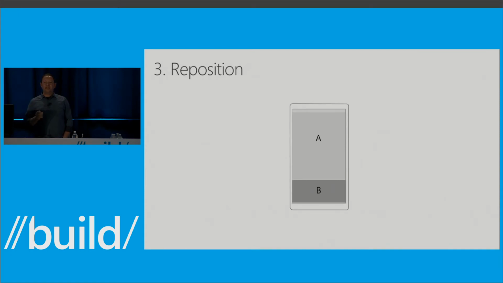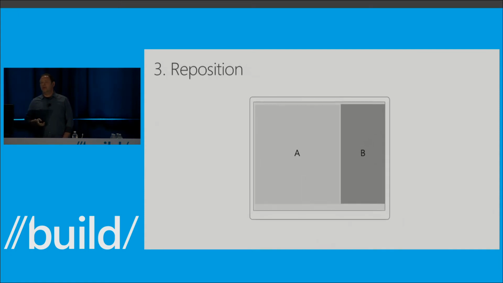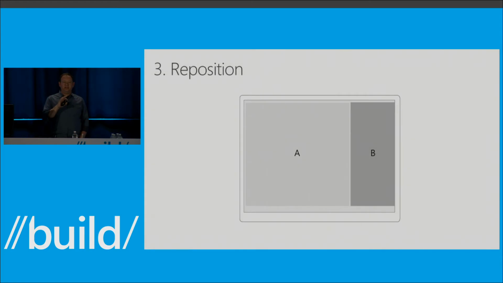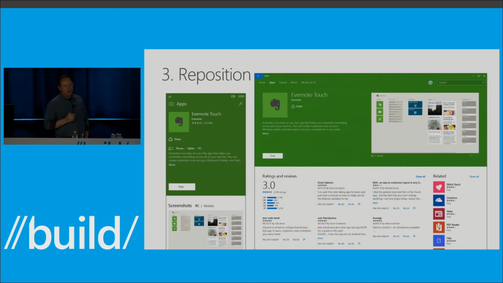However, once you reach a snap point, let's say under 720 effective pixels, and you don't have enough room to fit the content side by side, the content then snaps to a new layout where it becomes vertically scrollable. In a more real example, this is an app detail page from our store. You can see how the items get reflowed from the desktop screen to the mobile screen, and you prioritize the content as it flows down on the mobile device.